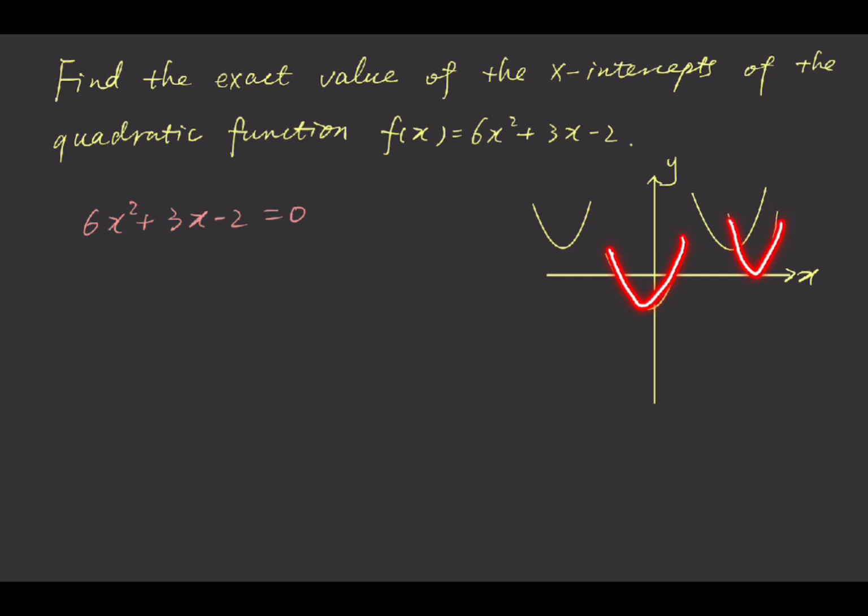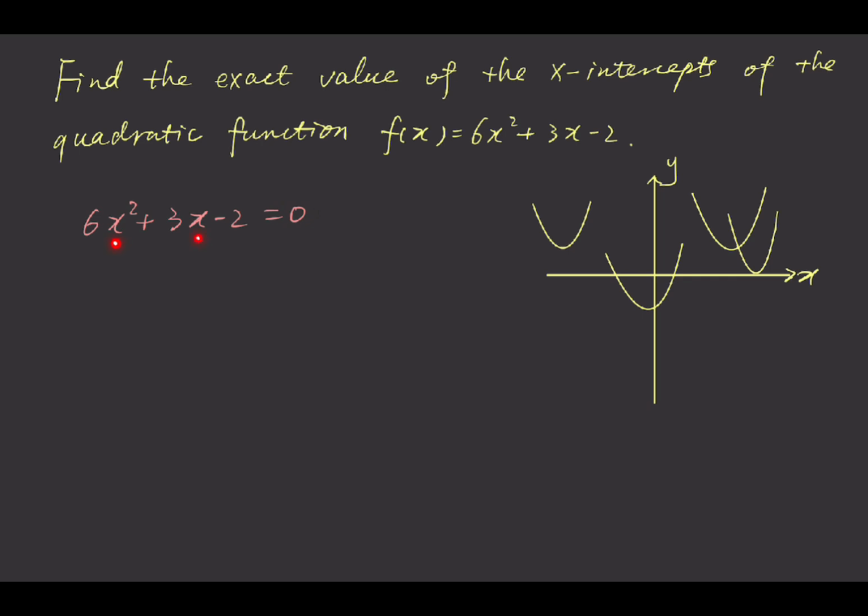But for this situation and this situation, it is possible for the graph to have points whose y-coordinates can be equal to 0. So we can set this function equal to 0.